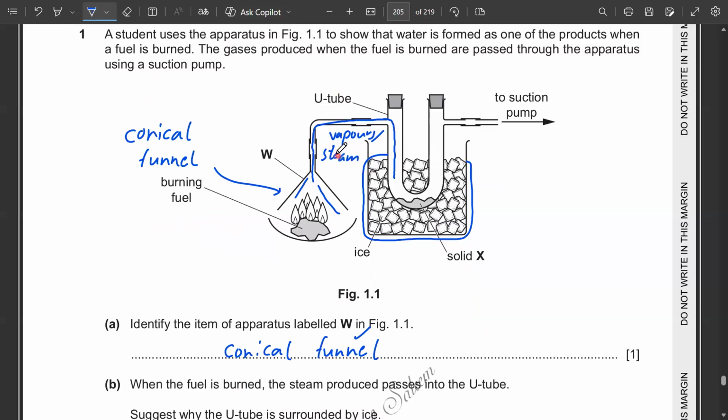It could be any one of these things, because we do not know actually which kind of fuel is being used here, but some fuels are definitely the hydrocarbons, and hydrocarbons when burned, they produce carbon dioxide plus water. So water will be in gaseous state, that is called steam. So when the steam passes through this U-tube, it will be condensed into the liquid form.